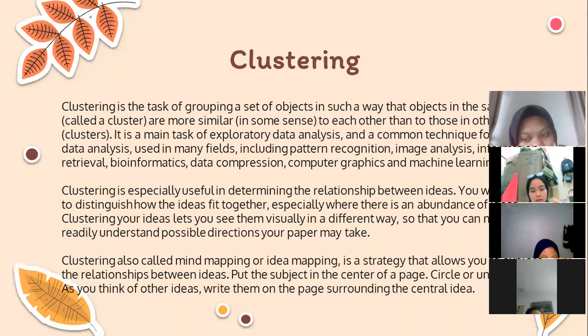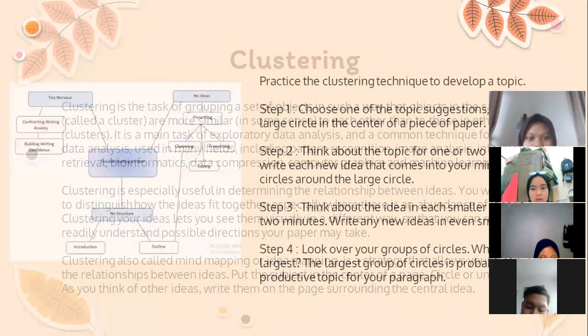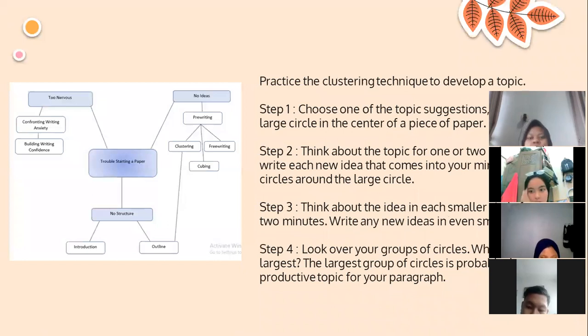Clustering, also called mind mapping or idea mapping, is a strategy that allows you to explore the relationship between ideas. Put the subject in the center of a page, circle or underline it. As you think of other ideas, write them on the page surrounding the central idea. The next presentation will be read by Tasya.